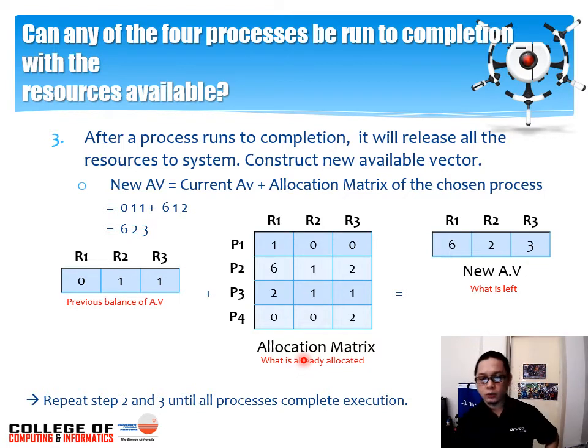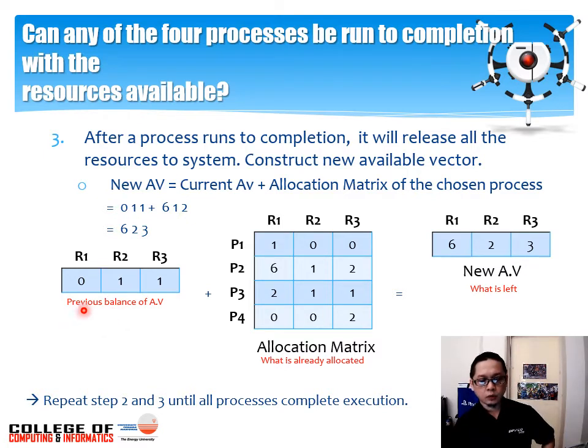Based on the allocation matrix, you already allocated 6 units of R1, 1 unit of R2, 2 units of R3. So once process 2 completes, it needs to return this many resources into the resource vector.